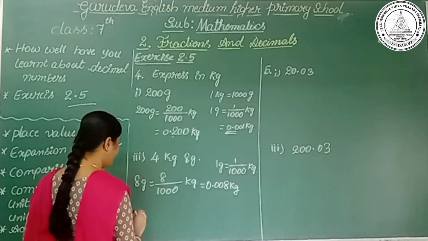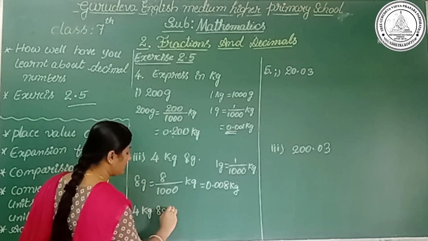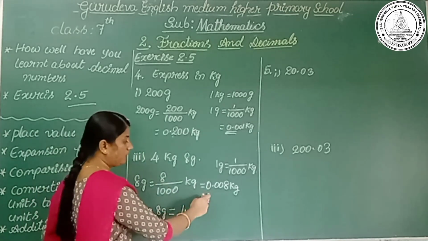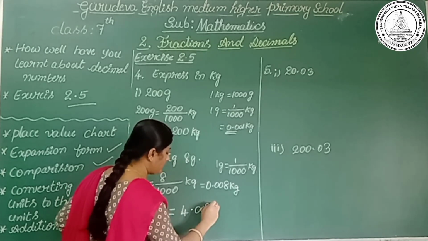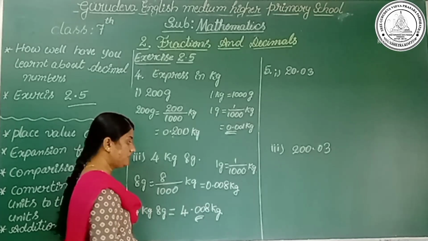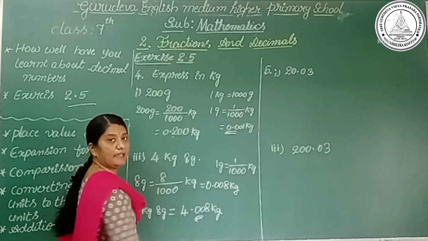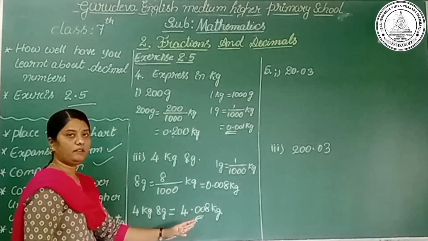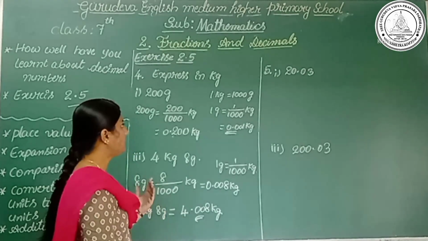Therefore 4 kg 8 grams is equal to 4 kg, write it as it is, and 0.008 kg. We just have to add 4 plus 0.008 kg. Then we will get the sum, 4.008 kgs.